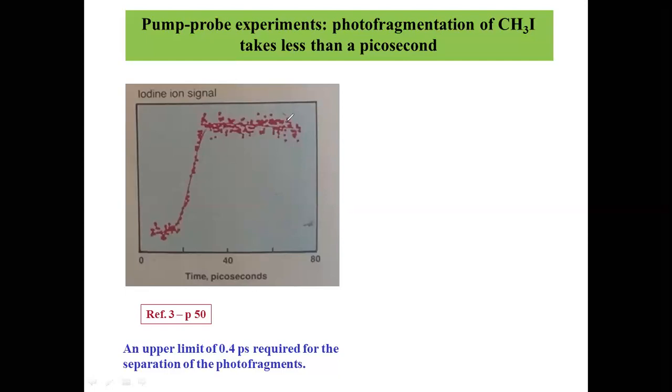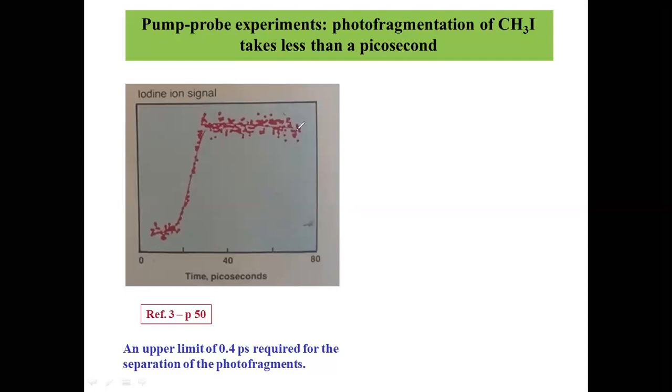Right? So now what we see is that initially the intensity of the ionization of iodine, which is formed after photofragmentation of methyl iodide, is very low, and then it reaches a maximum and becomes a plateau.